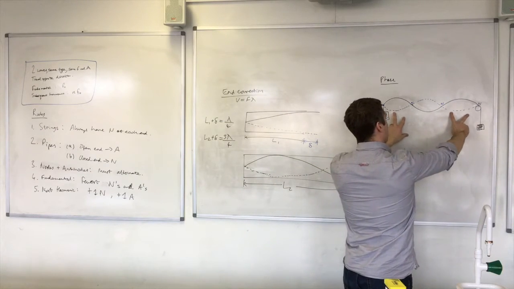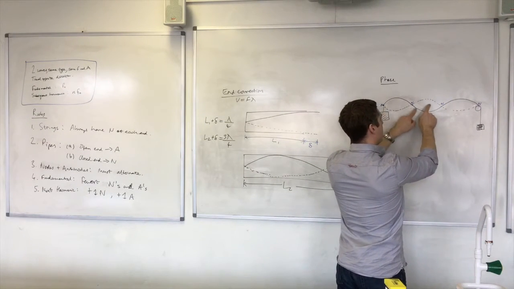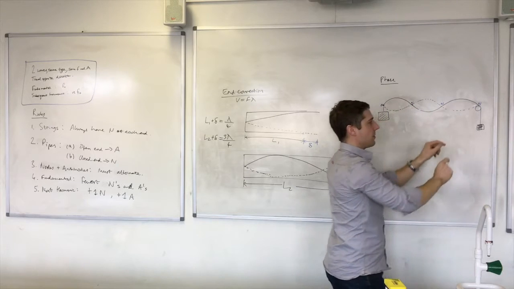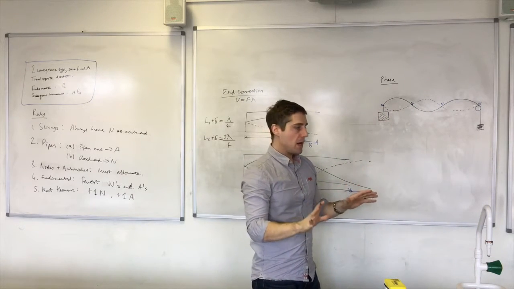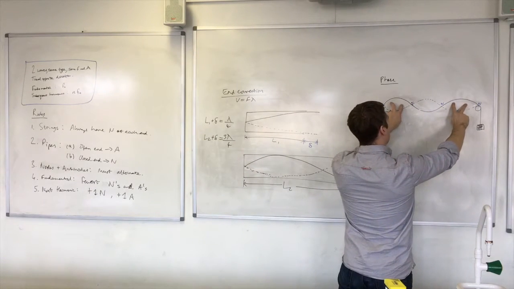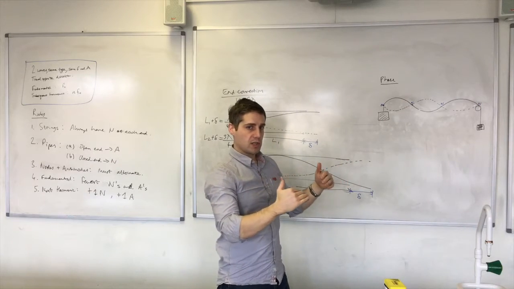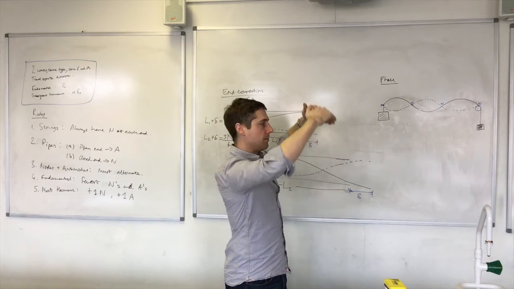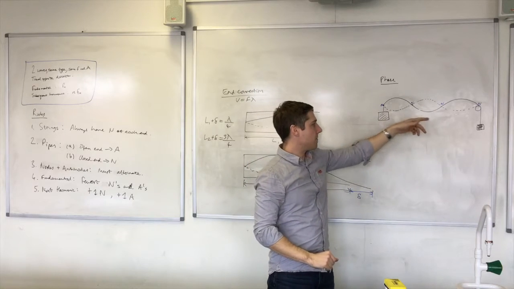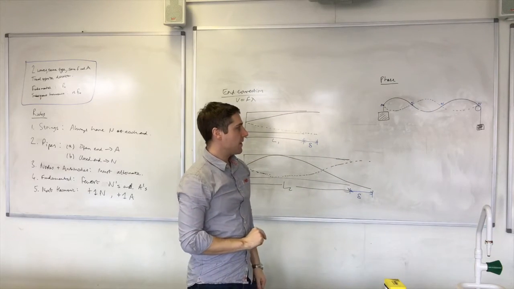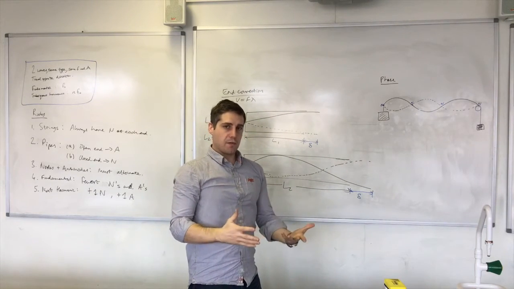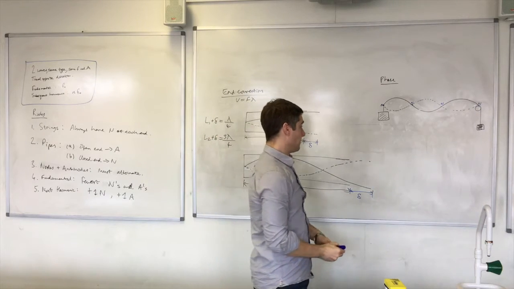Then if these are in antiphase with each other, these are also in antiphase with each other, but these two sections are in phase with each other, so they're going up and down at the same time. So they're in phase. And that's a note about phase there, which is different to a progressive wave.